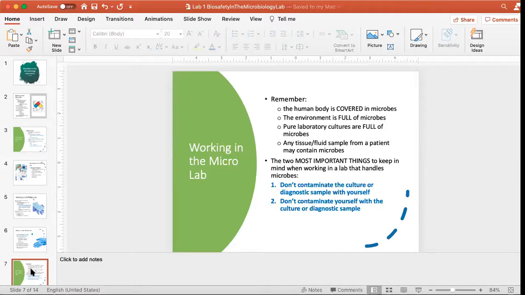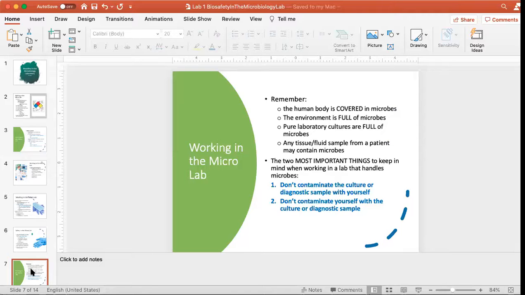One of the things we'll talk about in this course again and again is this. Microbes are all around us. The human body is covered in microbes, inside and outside. You are walking around right now as a healthy person, covered in microbes. Your skin is covered in microbes.